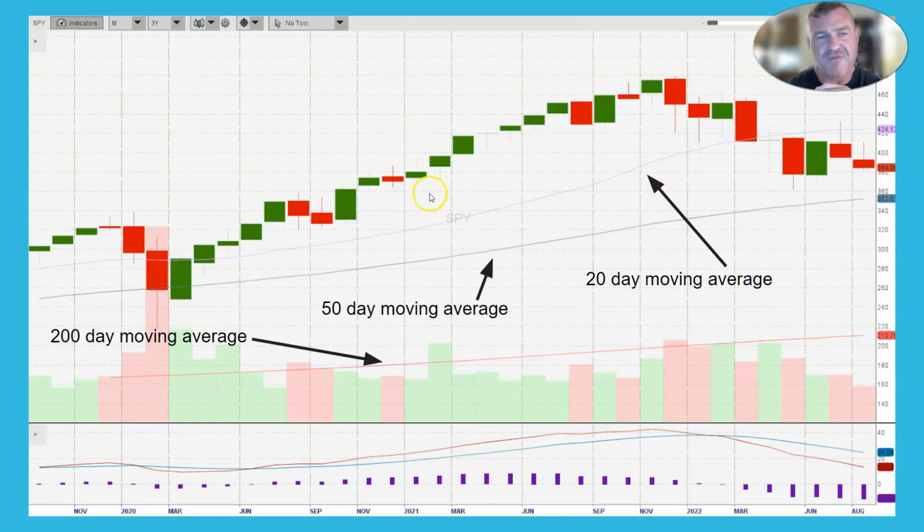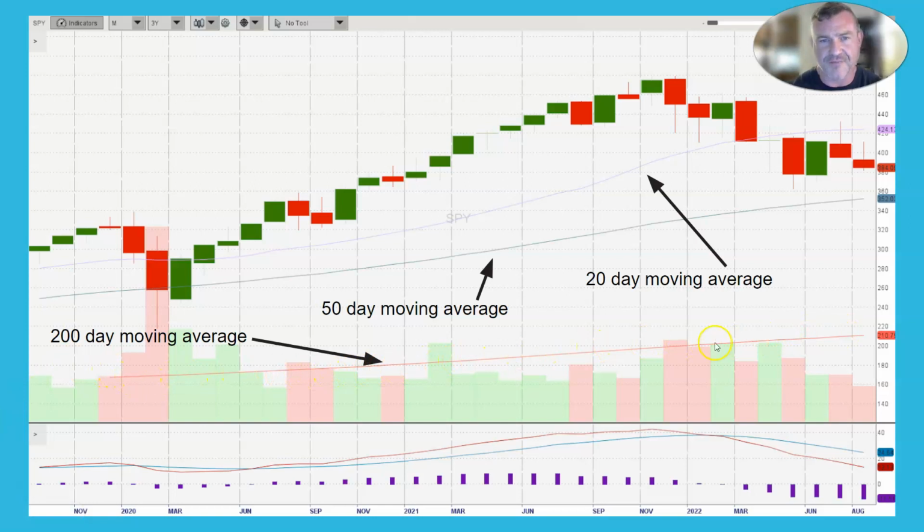So what are these moving averages? Well, for whatever days that we're looking at. In this case, this indicator is taking the last 200 days of trading, looking at the closing price for the last 200 days, adding them together, then dividing by 200, and then graphing it out here, right?